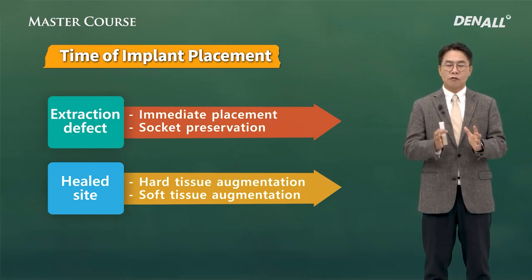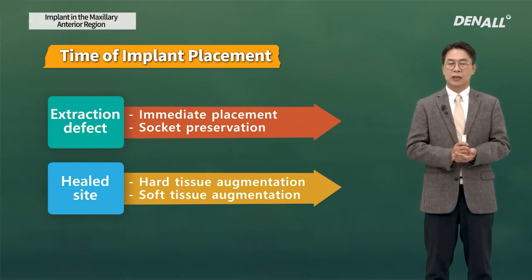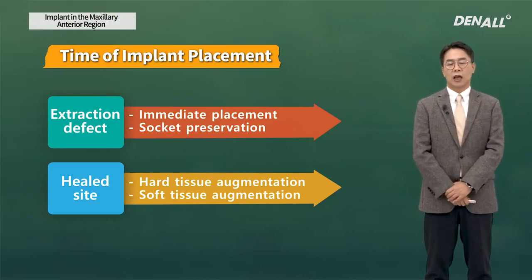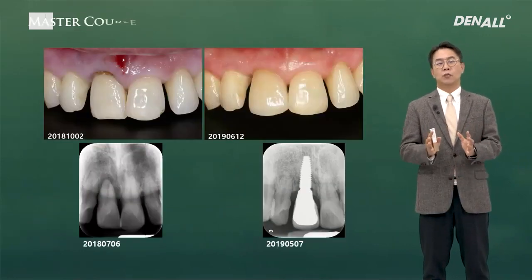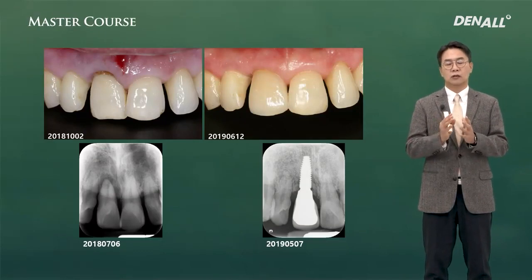You may make the judgment by looking at the situation, but using a model or X-ray or intraoral pictures of the patient, the plan can be established. That's important. If you look at this case, how to treat the patient, what is your choice?